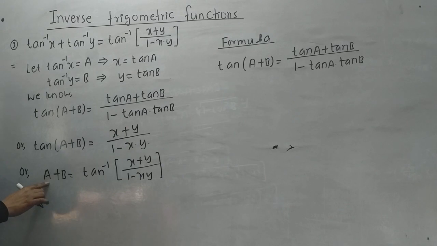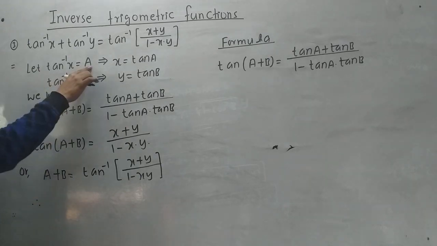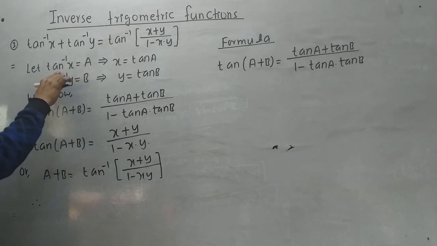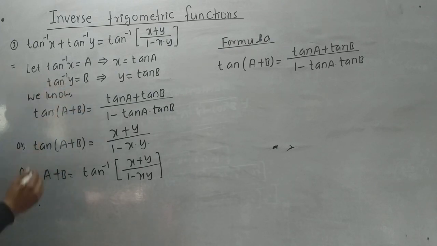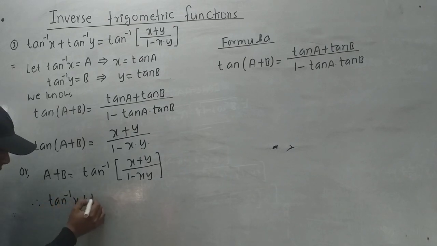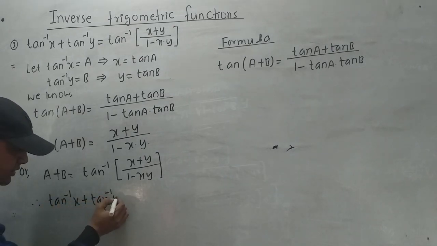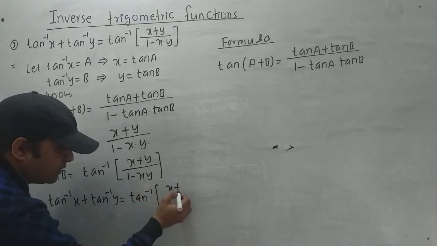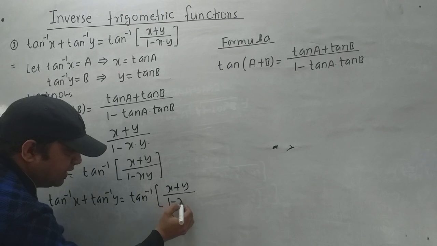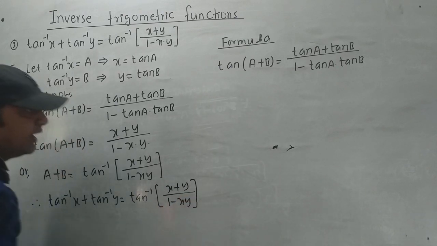Therefore, what is the replacement for angle A here? For angle A you can write that as tan inverse x, and for angle B you can replace that by tan inverse y. So our basic formula here is tan inverse x plus tan inverse y equals tan inverse of x plus y whole divided by 1 minus xy.